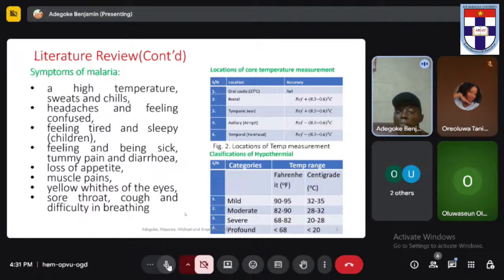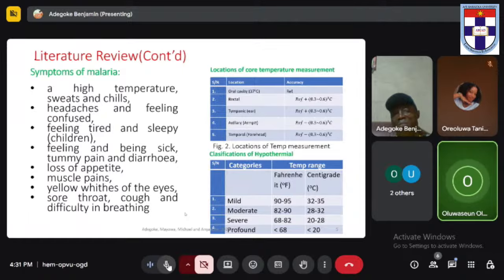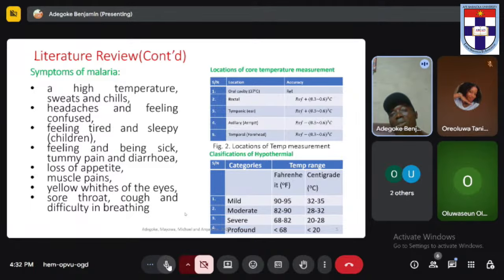Then for the first questionnaire, when we were administering the questionnaire, we administered it in UCH. Because of their tight schedule, and some of them were not open, they were not ready to release their details.